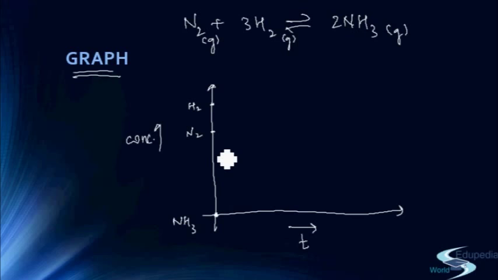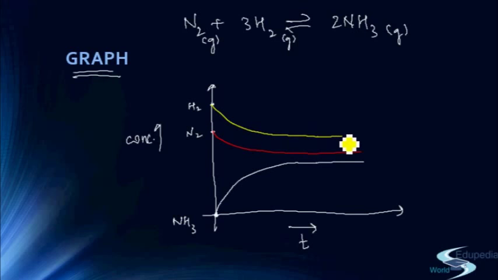As the reaction proceeds, the amount of ammonia increases and finally becomes constant. Similarly, the amount of nitrogen decreases and eventually becomes constant. The amount of hydrogen also decreases and eventually becomes constant.